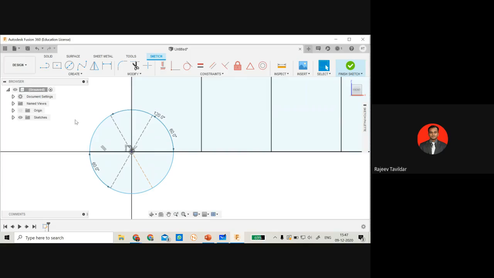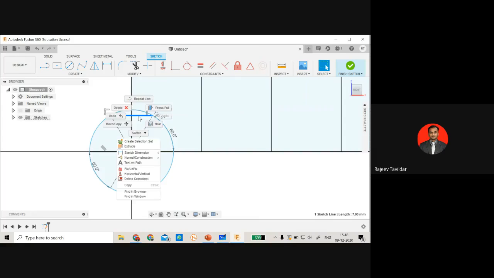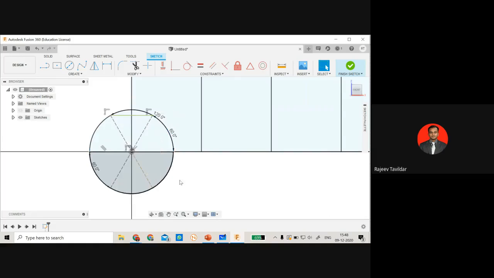The second horizontal line I'll be drawing at the top side by connecting these two endpoints of the divisions in this fashion. And the third horizontal line I will be drawing at the bottom by joining the endpoints of these two construction lines, like this. Okay, is it clear? Yes, sir.